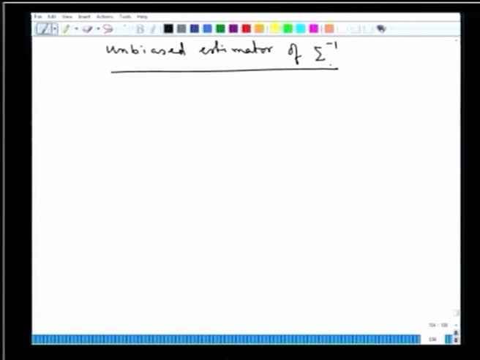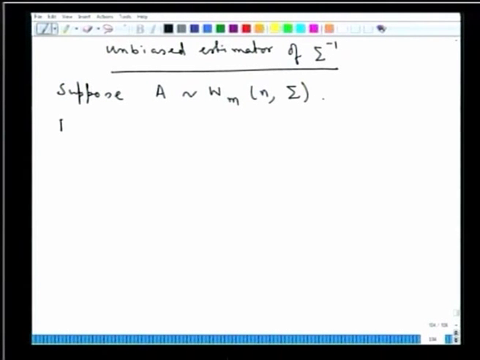In order to derive this unbiased estimator of sigma inverse, suppose A has a Wishart distribution, Wishart m n sigma.